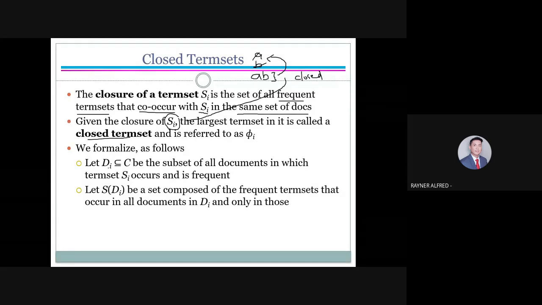Okay, so we formalize as follows. Let Di be the subset of C, the subset of all the documents in which the term set Si occurs and is frequent. And then let S, this is the term set, be a set composed of frequent term sets that occur in all the documents Di. So we have the documents that consist of the term set, and also we have the term set which is frequent.